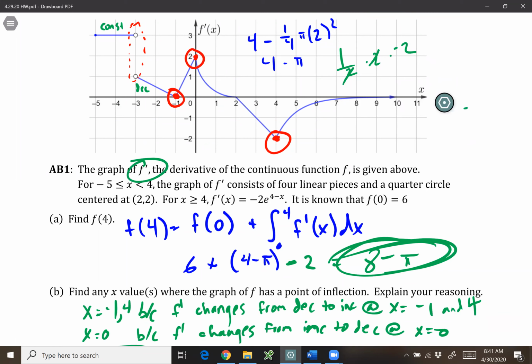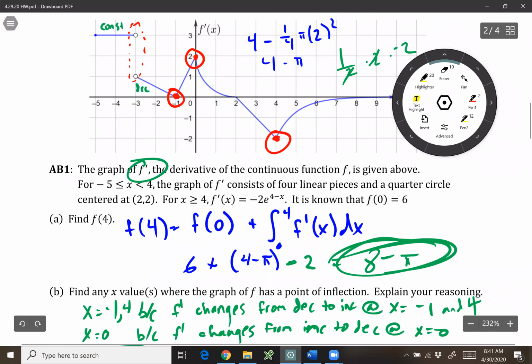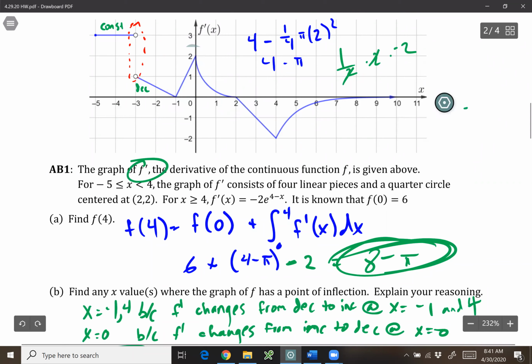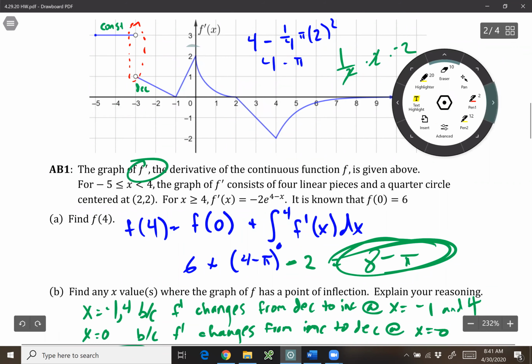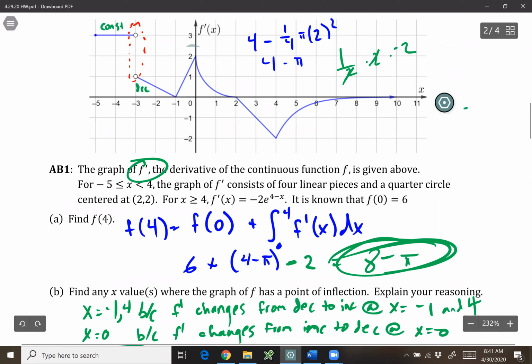F was positive here. So when I was writing increasing and decreasing, this is where students get confused, and I totally understand. I was writing f prime is decreasing, f prime is increasing, f prime is decreasing, and so on.